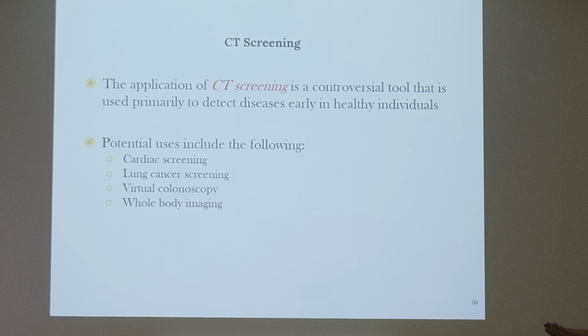So when you think about it, a whole body imaging, you give me one, I'll know early on if I have some type of disease that I can prevent and catch early. Normally I would have to have a symptom manifest before I go to the doctor and they can order me a CT screening. So this is a trend that we're starting to see, right?